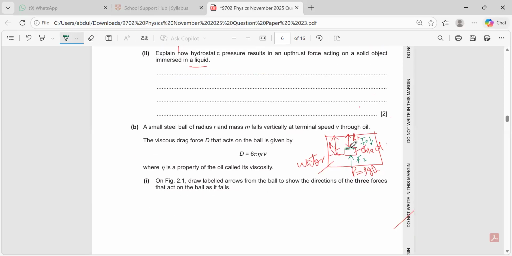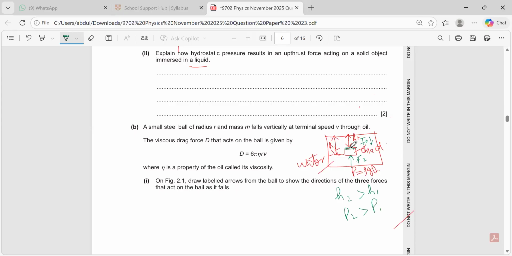Now see, as this depth is more, H2 is greater than H1 and pressure is directly proportional to depth. So P2 is greater than P1.